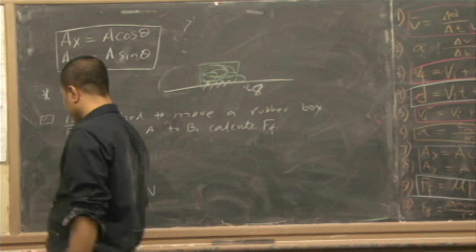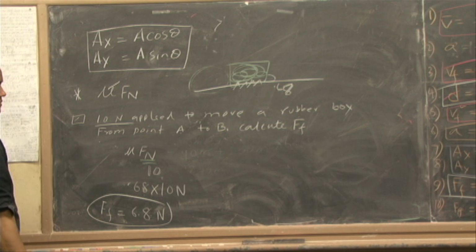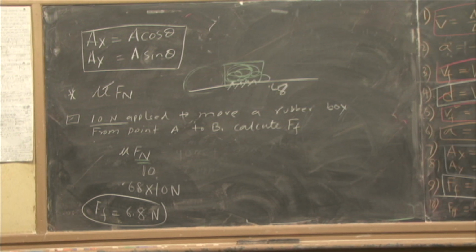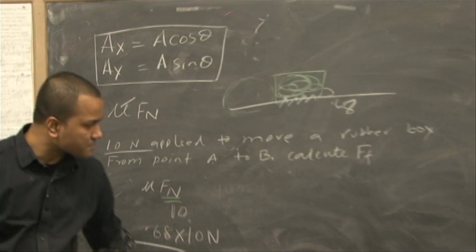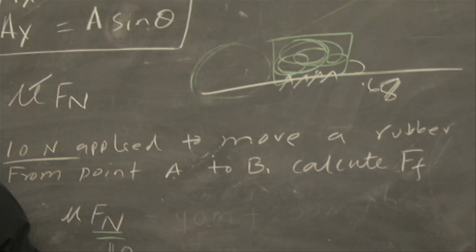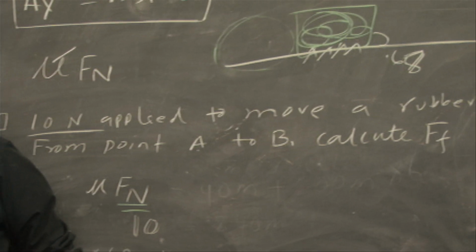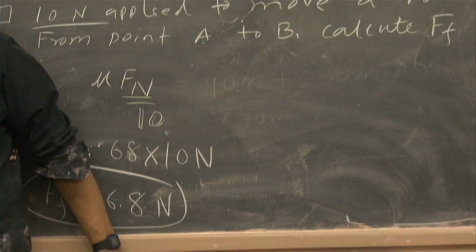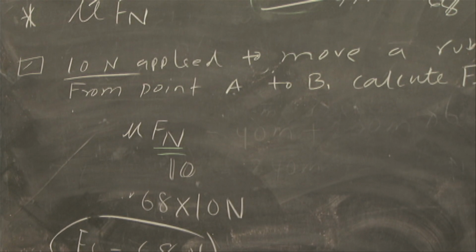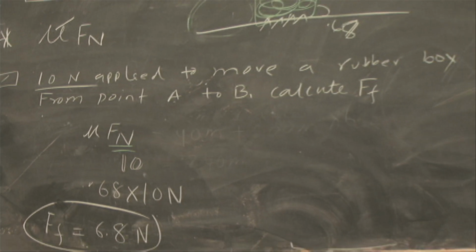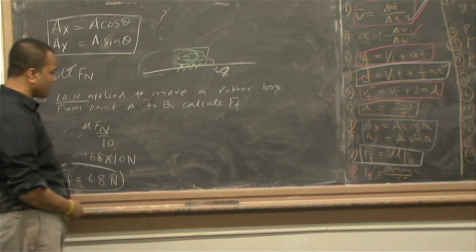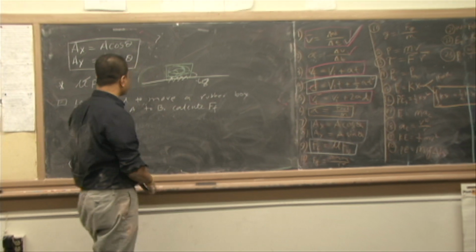Next one we're going to do in the next video. We're going to try to understand the force of gravity, and then we're also going to do the rest of the formulas that we have on the board. So stay with me for 2 or 3 more videos, and make sure you don't lose attention, because it is important.